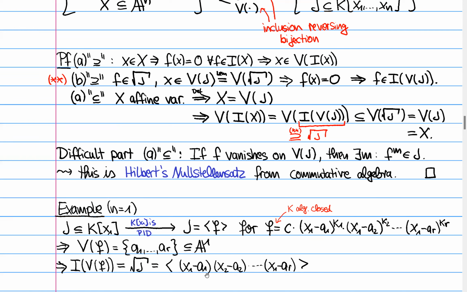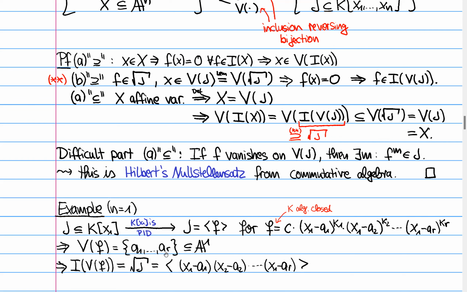Simply because if you have a polynomial vanishing here, then you can do polynomial division, and this cannot have a remainder which is non-zero, because otherwise it would not actually vanish at this point. And so the division goes through, and so you're divisible by this term x1 minus a1.